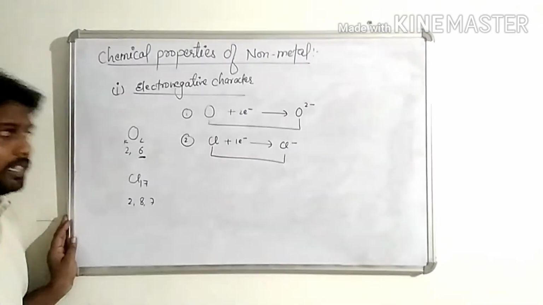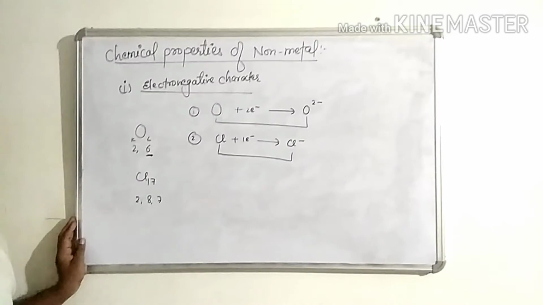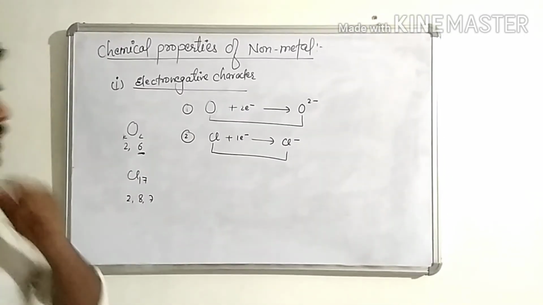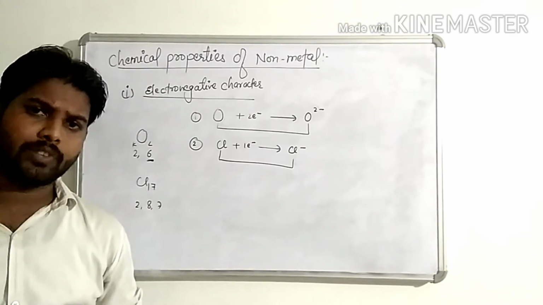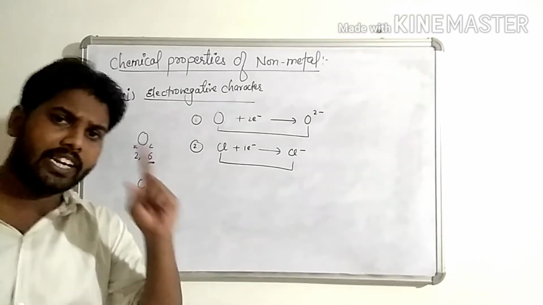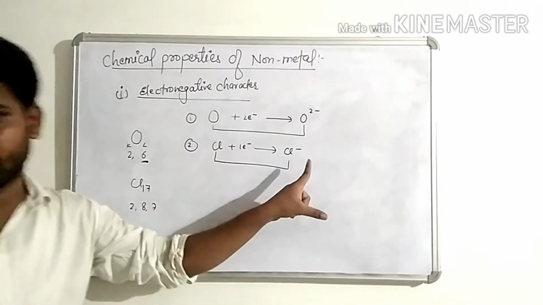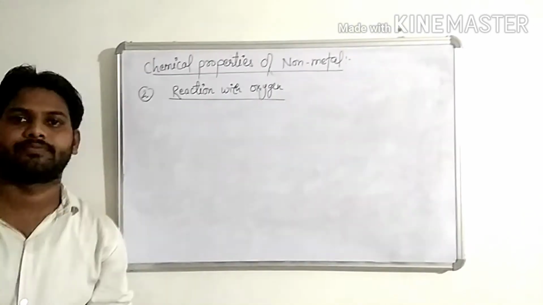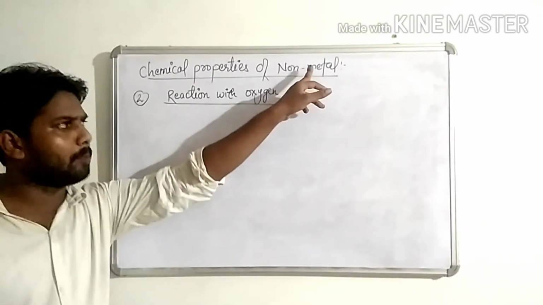Understood, children? Very simple, you only have to keep in your mind that nonmetals always show electronegative character by gaining electrons from other atoms and forming a negative charge.